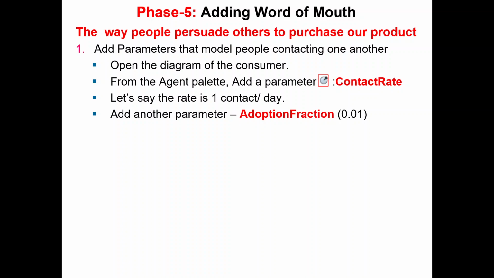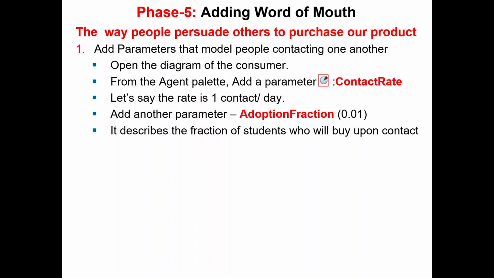So that means that when the users interact with the potential users, with the contact rate of one contact per day, they might influence the potential users to adopt the product, and for that we will use an adoption fraction of 1%. It's another parameter, and it is basically describing the fraction of students who will buy the product upon contact.